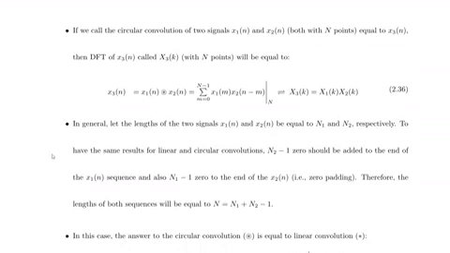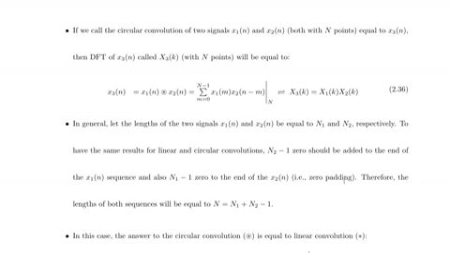Okay. In general, let the lengths of the two signals x1 and x2 be equal to N1 and N2 respectively. To have the same results for linear and circular convolutions, N2 minus 1 zeros should be added to the end of the sequence x1 of n, and also N1 minus 1 zeros to the end of the second one, x2.